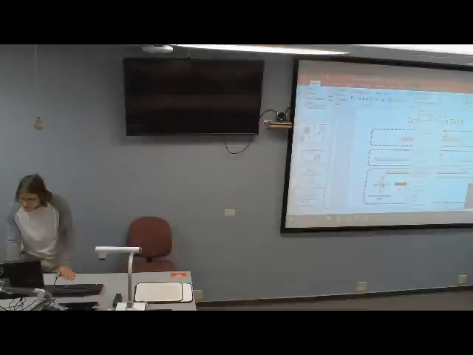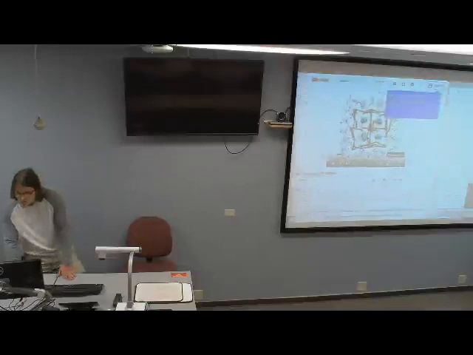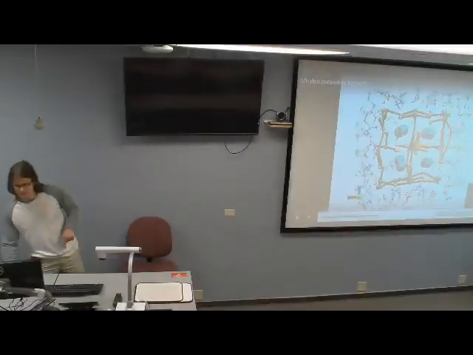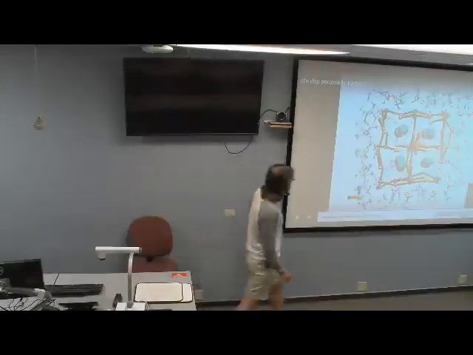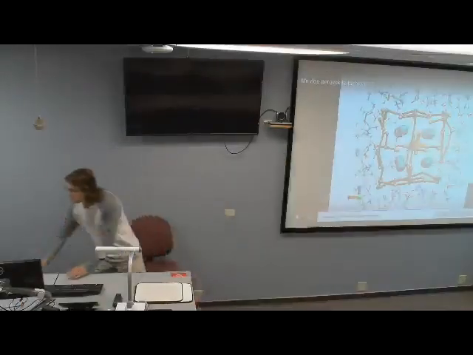So we'll look at the YouTube video that Dimitri put up. Same model, and the orange is the manganese in the middle. You can see it's coordinated with bromines on the extended sides.